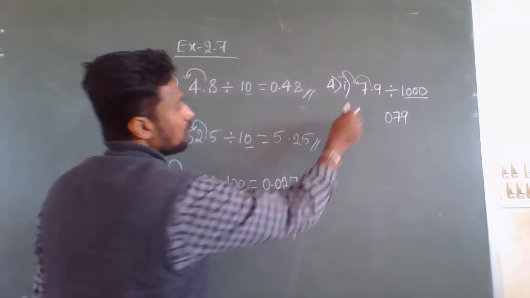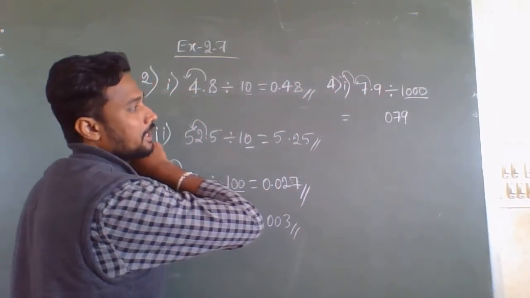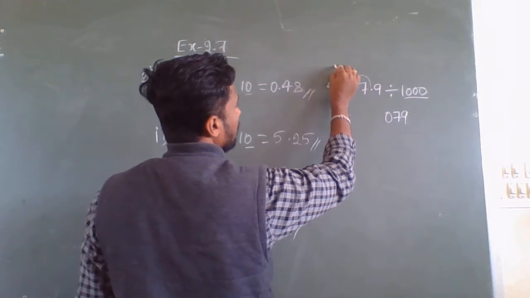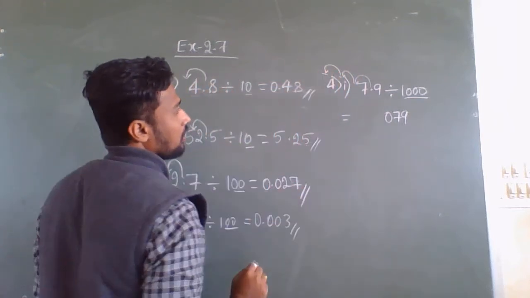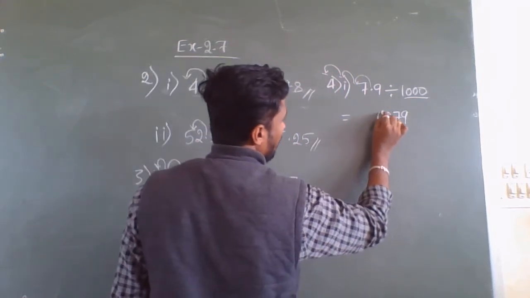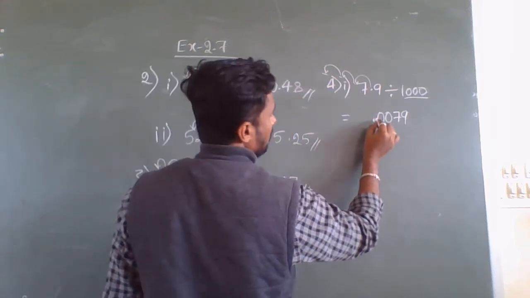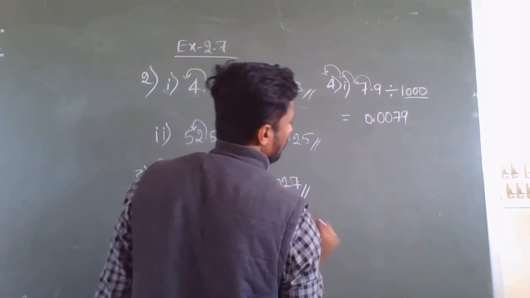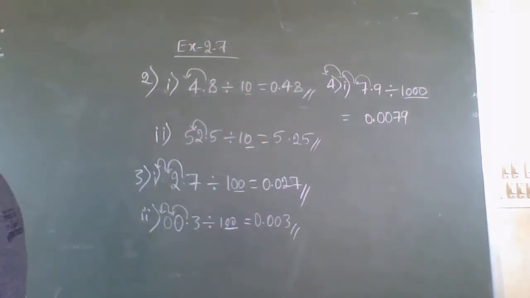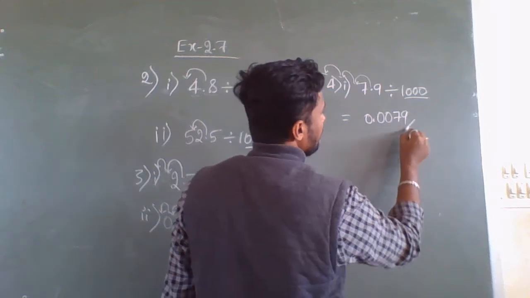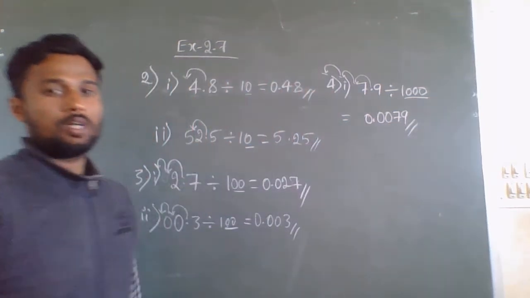You moved two steps towards left side now, but you have to move three steps. Again you should consider another 0 and move another step. So you will get another 0. Here you will get the decimal point, and there is no number, so you can consider it as 0. So what is the answer? 0.0079. How to write it?